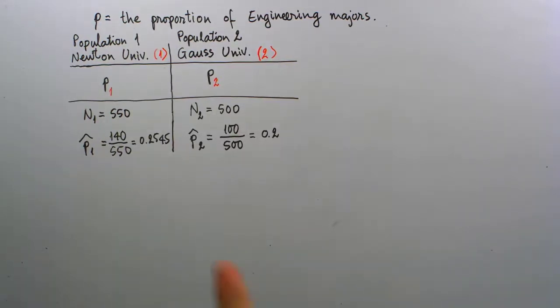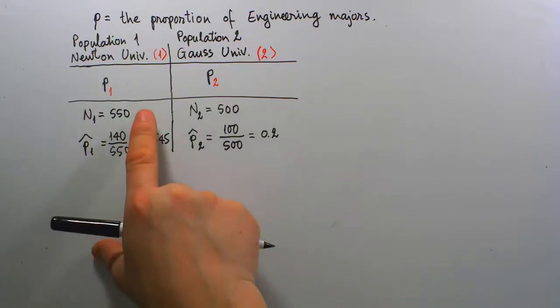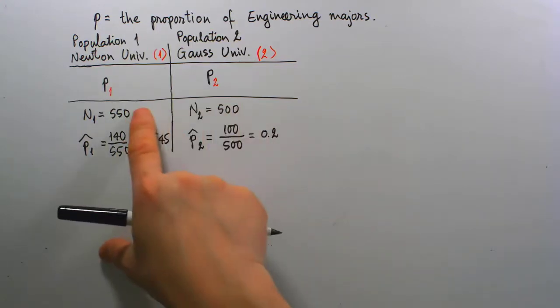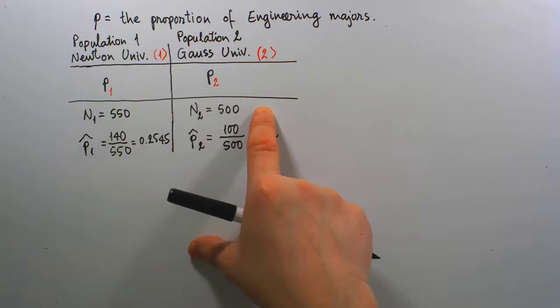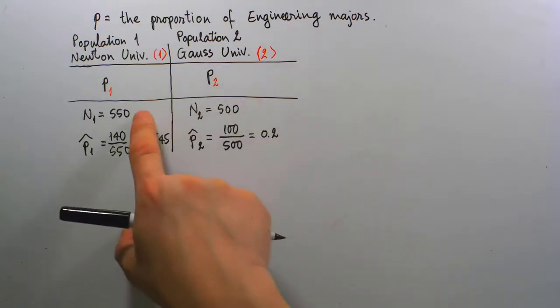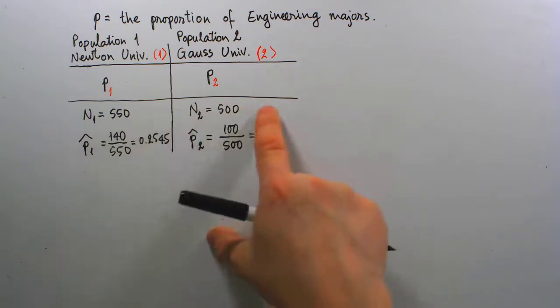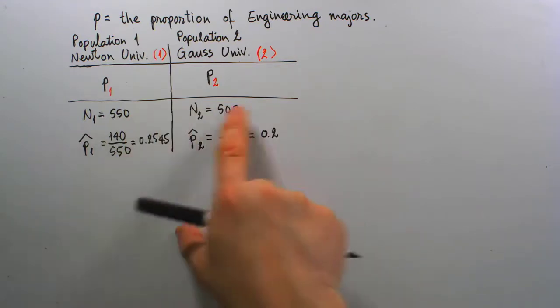A couple of things to notice before I advance any further. Unlike the example that I offer throughout the general discussion of comparing two population proportions, this problem shows us that we have different sample sizes, n1 and n2.